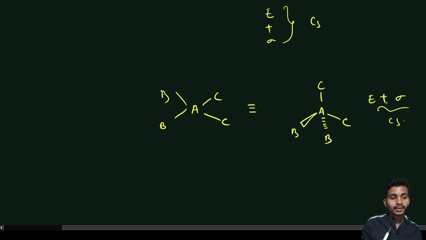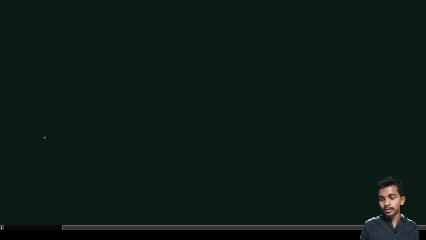So a C axis is not there. This is also the Cs point group. Okay, so I think that's right.